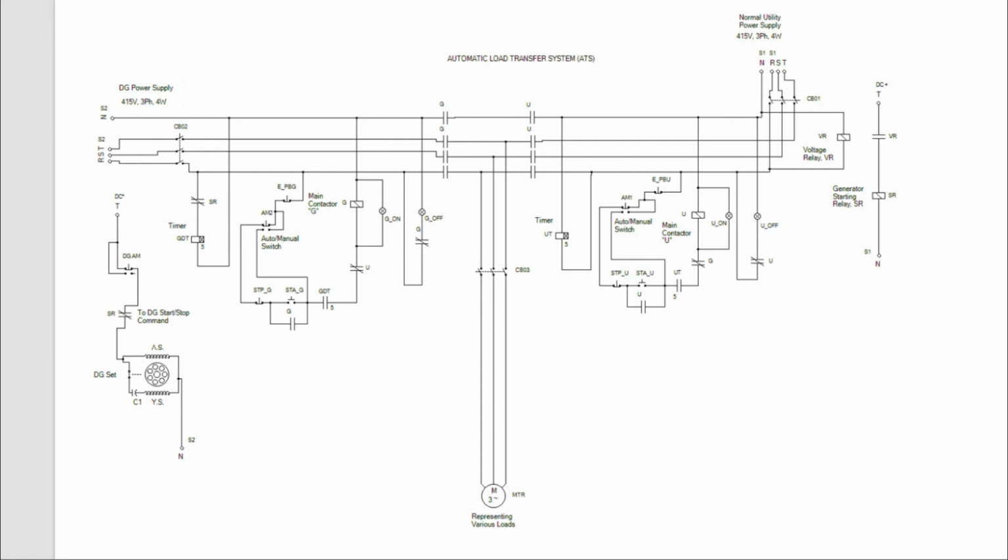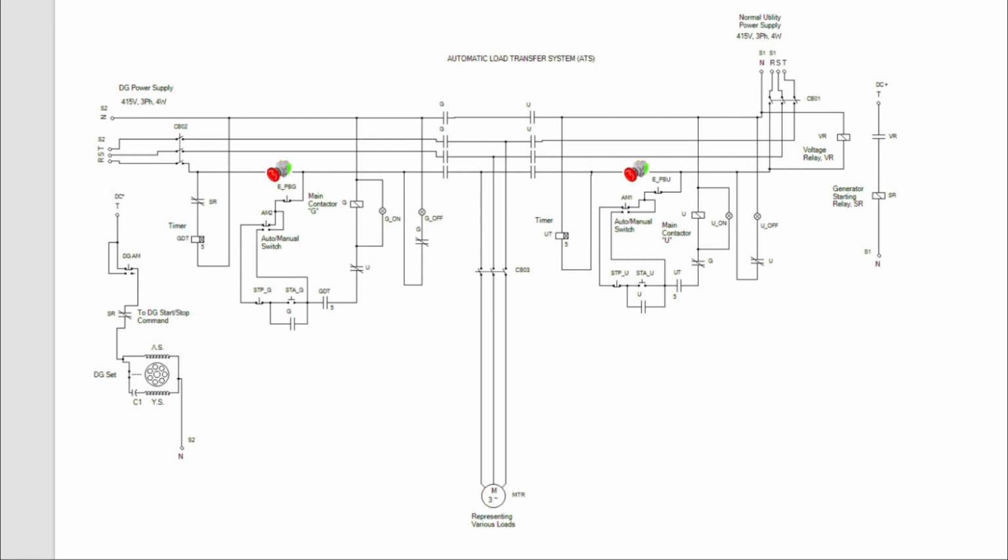We also have two main contactors, U and G, and here are their main contacts. We have two timers, GT and UT, which I set for 5 seconds. We also have two auto manual switches. This selector switch is to operate the ATS either in manual or in automatic.